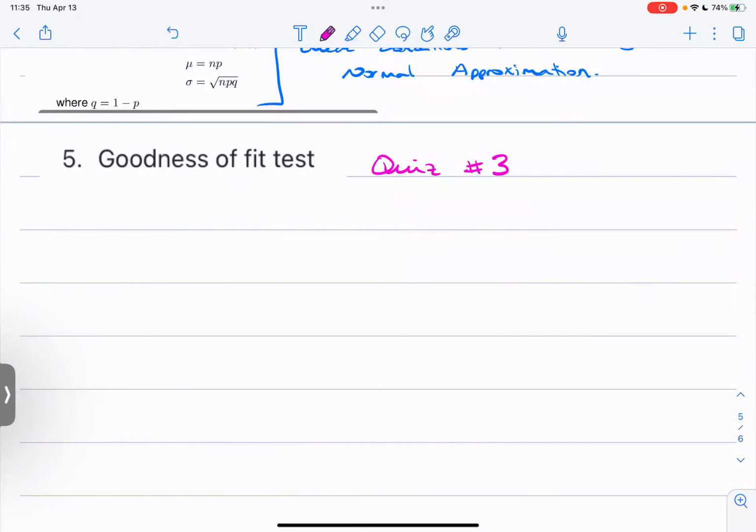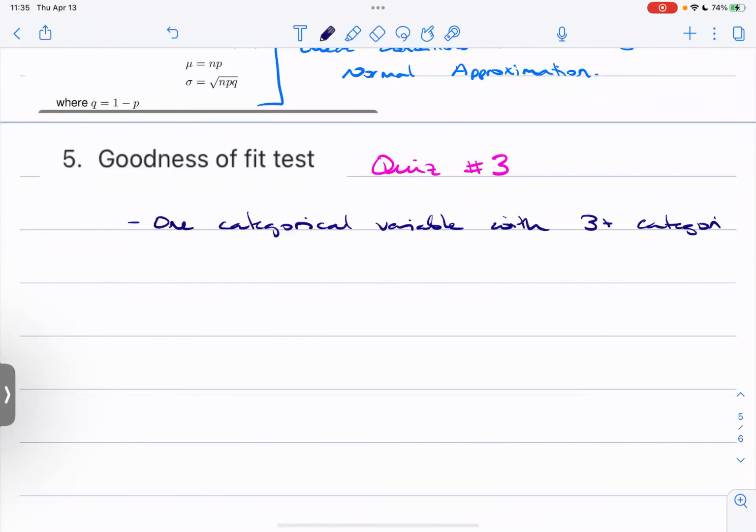A goodness of fit test is just a 1-way table, so one categorical variable with 3 plus categories.